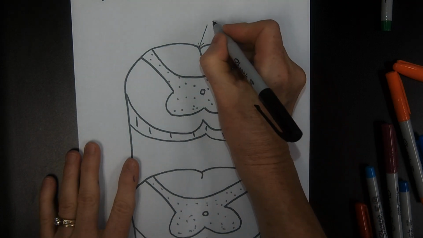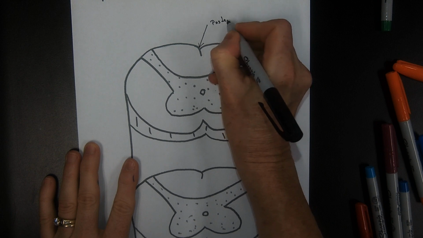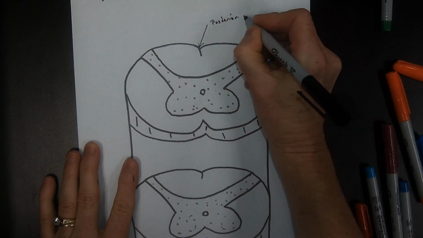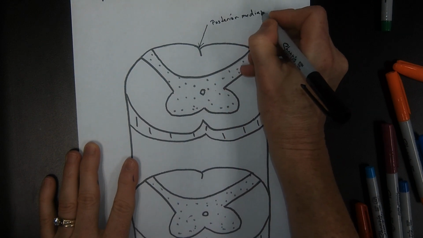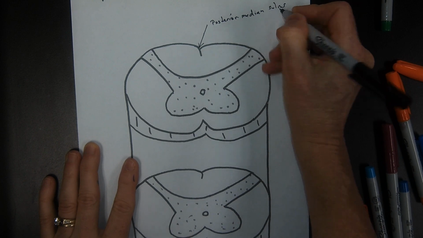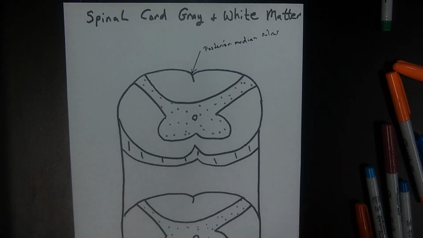So it's called your posterior median sulcus. It's a small invagination, just kind of like the precentral sulcus. And it's in the back.